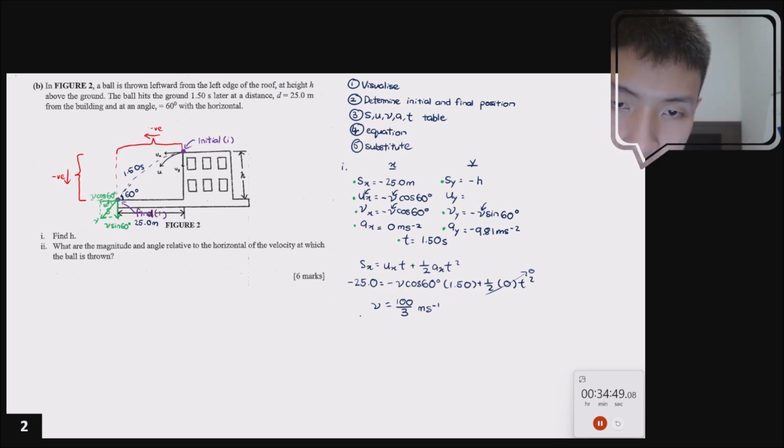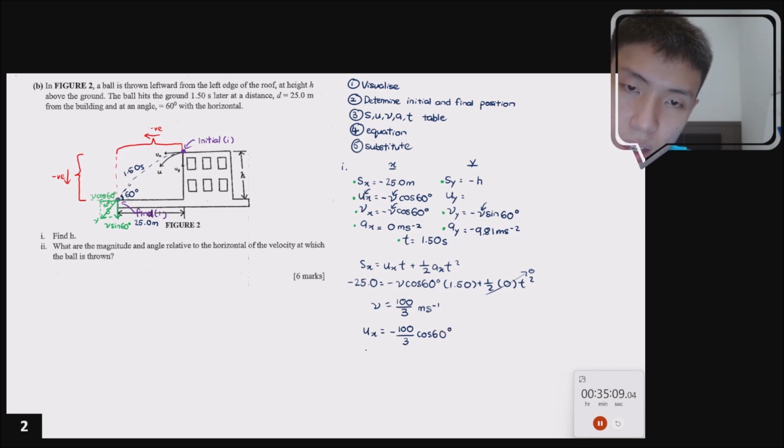So from this part over here, we know that ux is equals to negative 100 over 3 cos 60 degree.